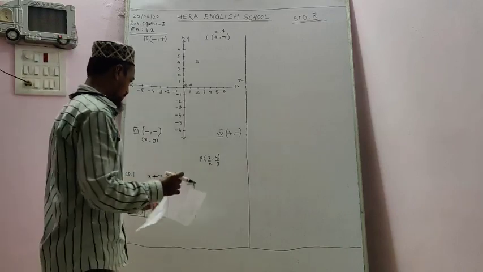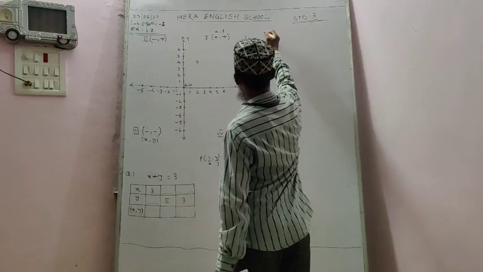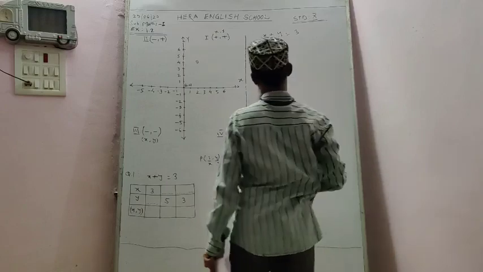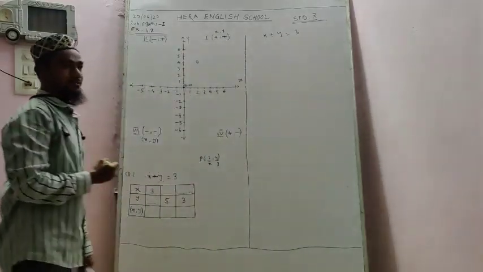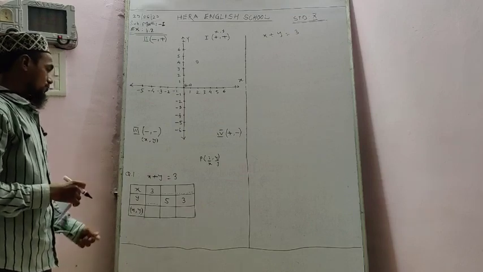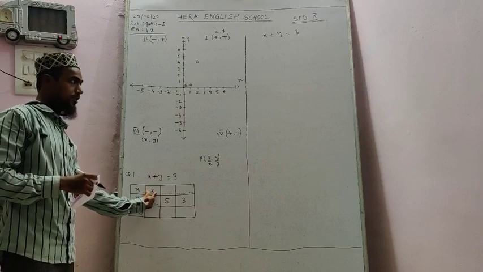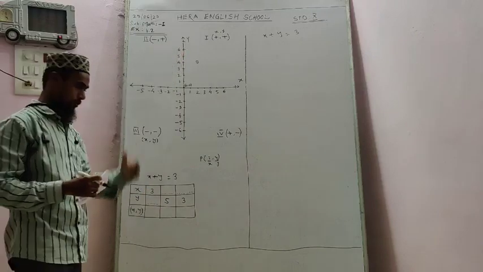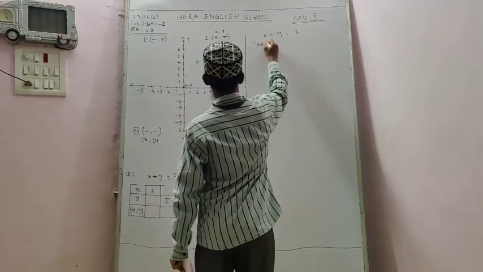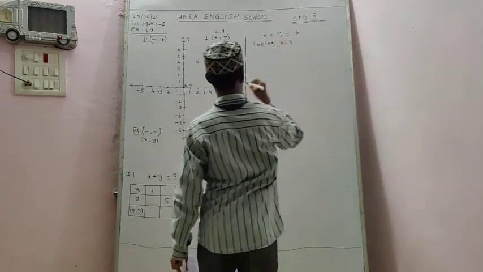Now we'll solve this equation. We are given the equation x plus y is equal to 3. The equation is already arranged. Now we have the values given in the table. Suppose we are given 3 here; we'll put the value x equal to 3 in place of x to get y.